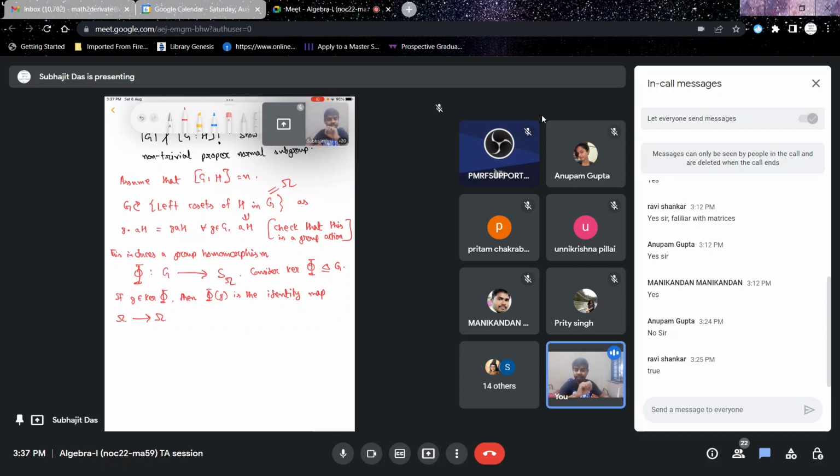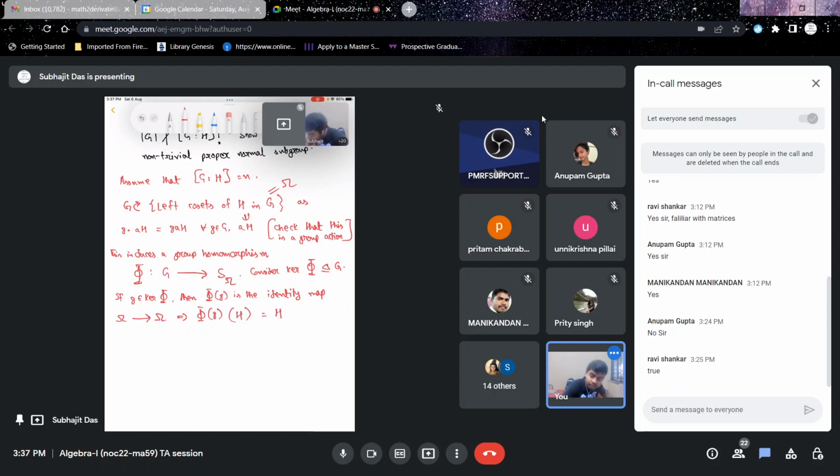It fixes every element of omega. So in particular, it should fix the coset H. H is also an element of omega, so it should also fix H, which implies that phi of G of H is equal to H.